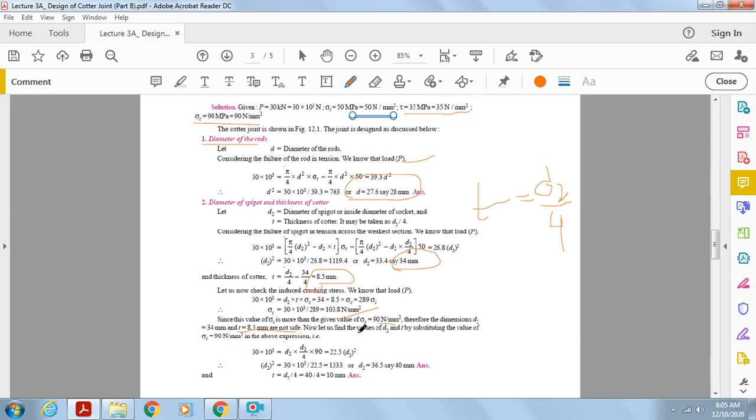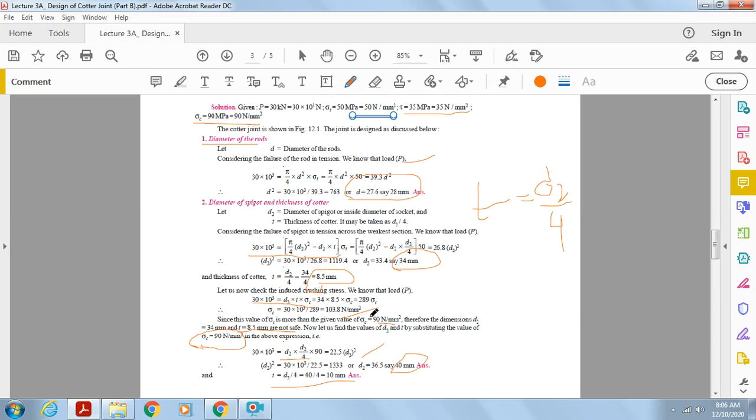Now let us find the values of d2 and t by substituting sigma c equal to 90 Newton per millimeter square in the above expression, that is 30 into 10 cube equals d2 into t into 90. In place of t we write d2 by 4, so d2 is coming 40 millimeter and t equal to 10 millimeter.